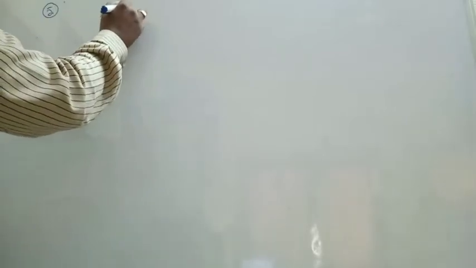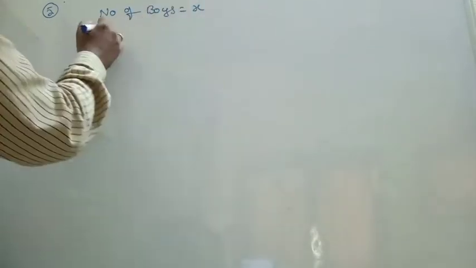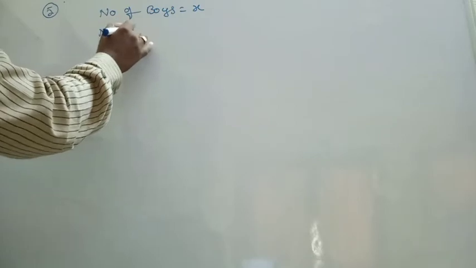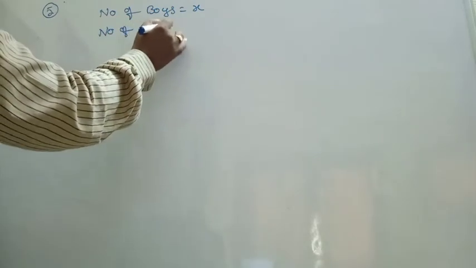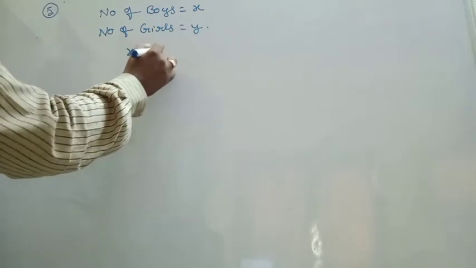Let us take the number of boys as x, and the number of girls as y. They have given that the total students x plus y is equal to 60.